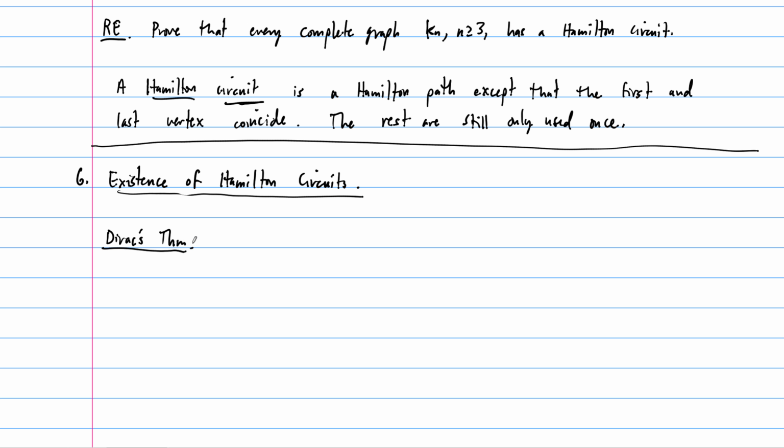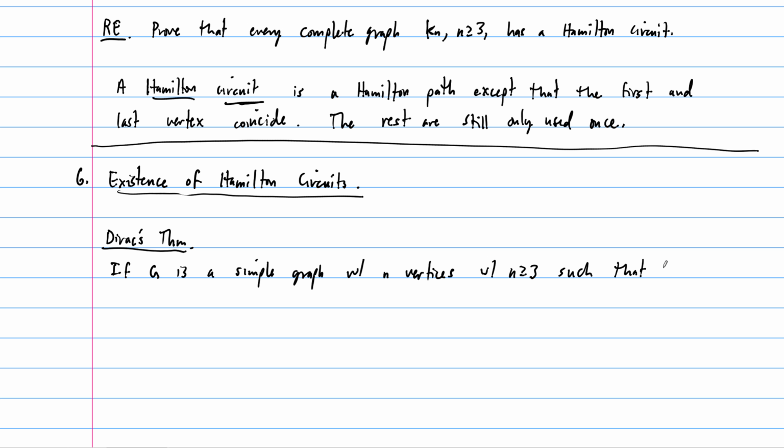And this one says the following. So if G is a simple graph with n vertices and at least 3 of them, all right? So n vertices with n greater than or equal to 3, such that the degree of each vertex, so this is similar to our theorem for the existence of the Euler circuit, right?